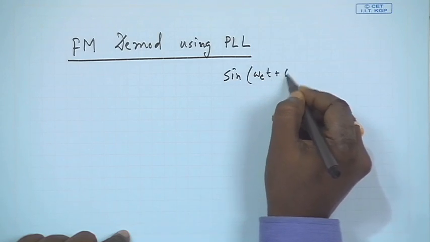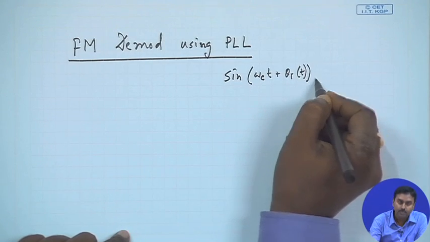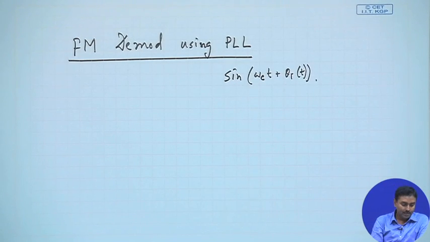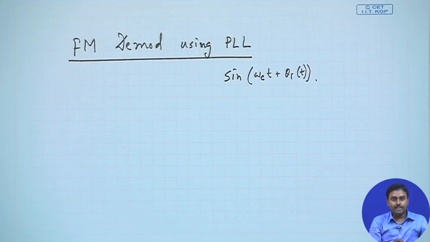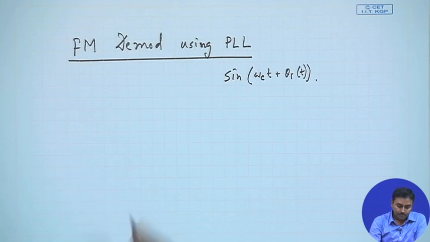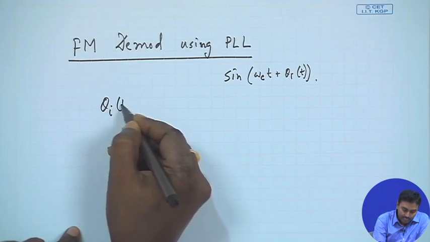So, let us say the PLL generates a sinusoidal, its input, to which it gets locked. That is something like sin omega_c t plus theta_i(t), okay, where theta_i(t) is the input phase. So, what we will do is give this FM modulated signal to the PLL input. What will happen to this theta_i(t)?